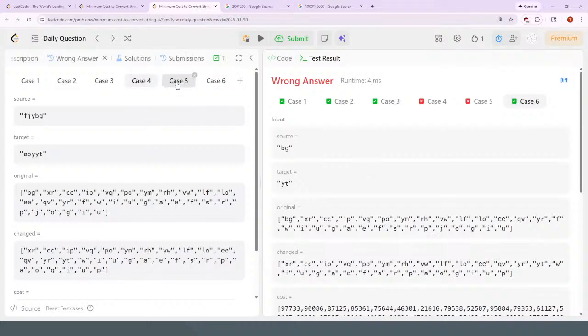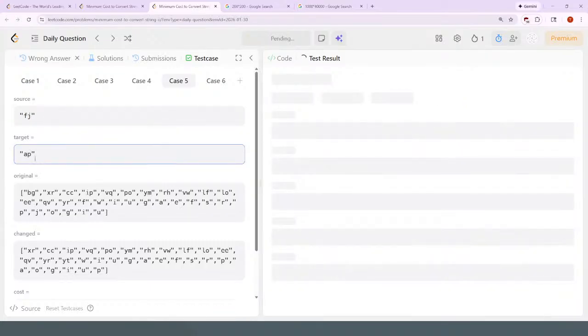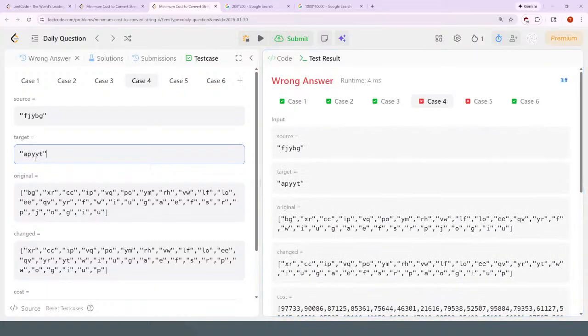Okay, so let's say the first two, because the Y to Y is the same, right? So it's probably doing this incorrectly. Okay. And then is it just doing F to A correctly?